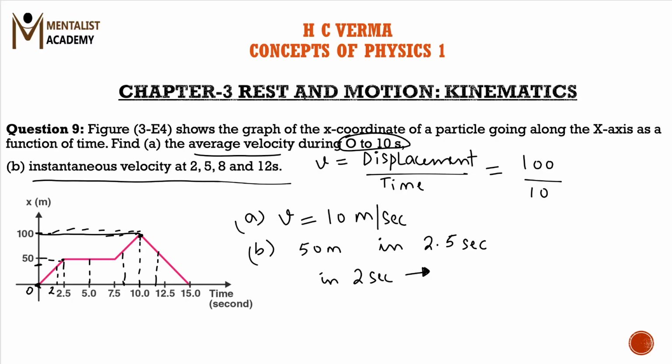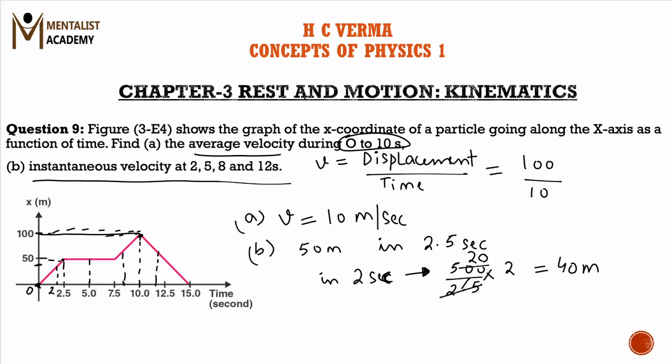Therefore in 2 seconds the particle will move, as the velocity is constant in this part, equal distance in equal intervals. So in 2 seconds the particle will move 50 upon 2.5 into 2. So this will be 40 meters.